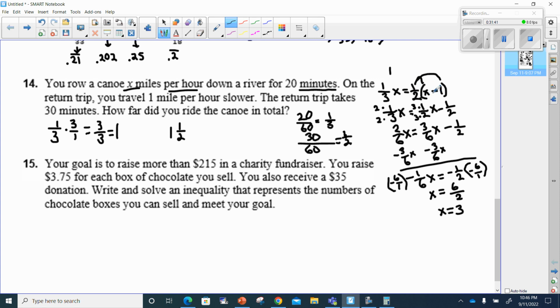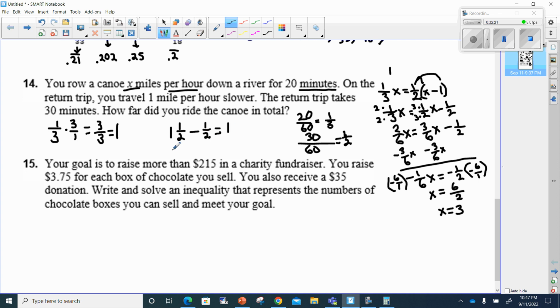I'm sorry, actually, no, minus 1/2, right? Because 1/2 times -1 would be -1/2. So this would be equal to 1 again.